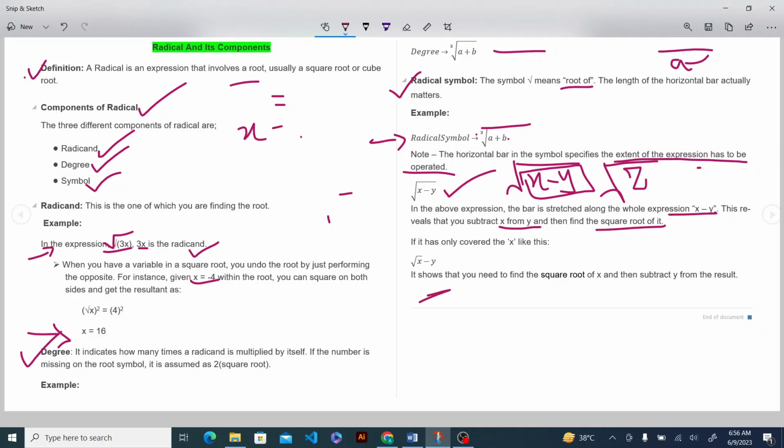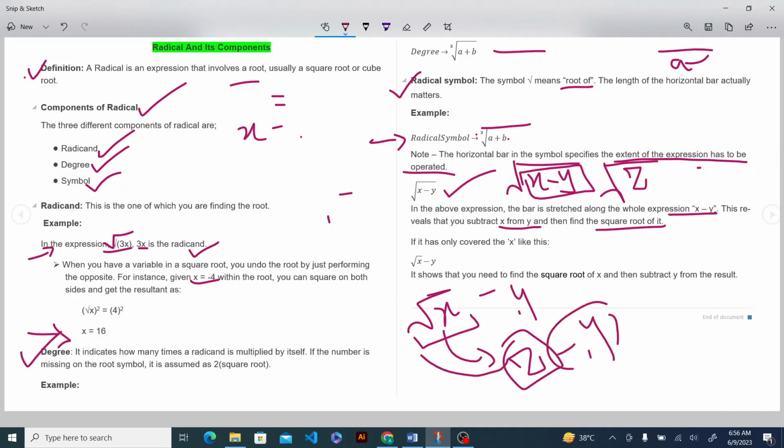This shows that you simply take the square root of x, and then the value comes z, and then you subtract y from the value z which has come from operating under root x. So this was the concept of radical symbol, and how important it is.